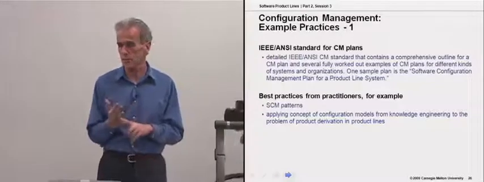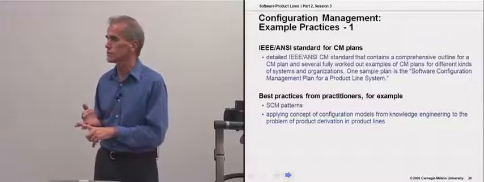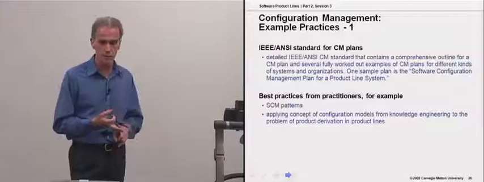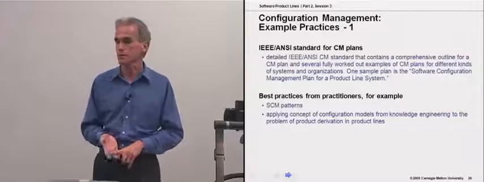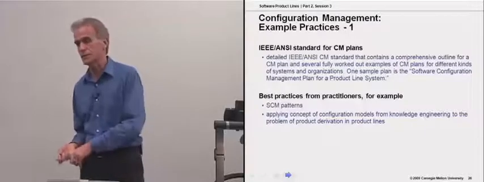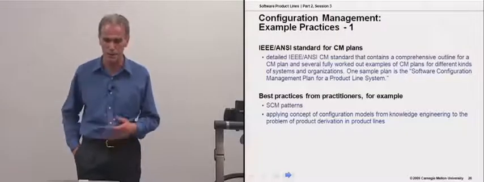There are a couple of standards, one for configuration management in general, one for configuration management plans. Oddly enough, the one for configuration management in general has a lot more information about configuration management plans than the planning document, I think probably because they historically have arisen independently.